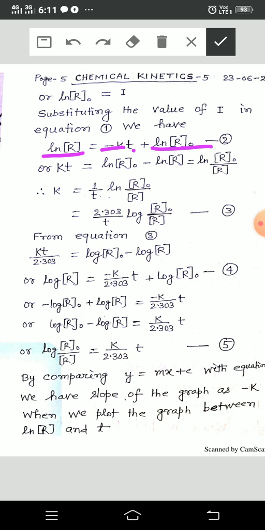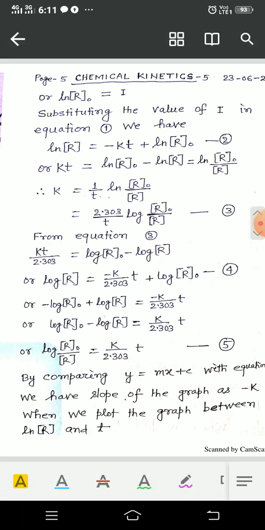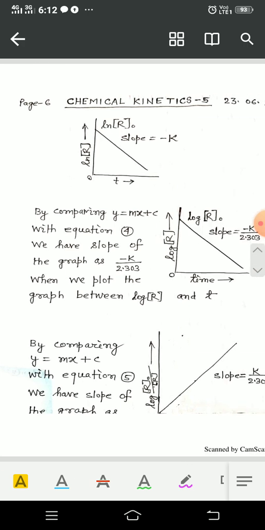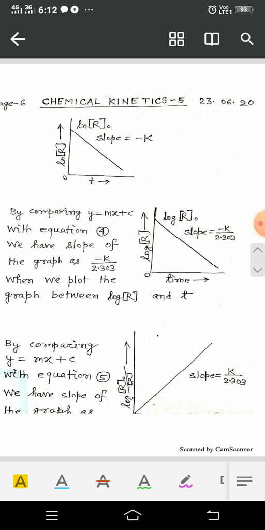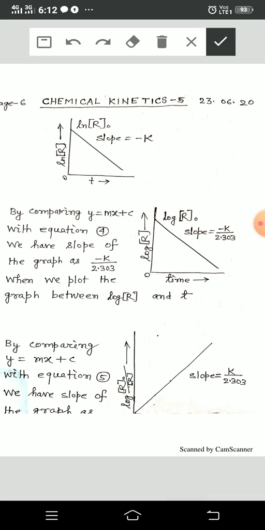So the slope is equal to minus k when we plot the graph between ln R and t. Now see the different graphs for the different forms of the equations that you have just learned. This is the graph of equation 2.